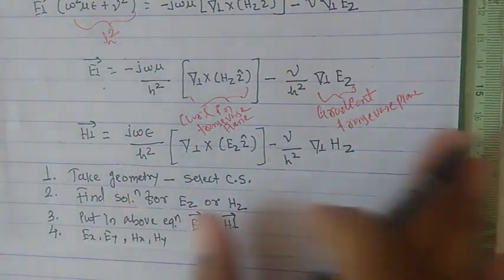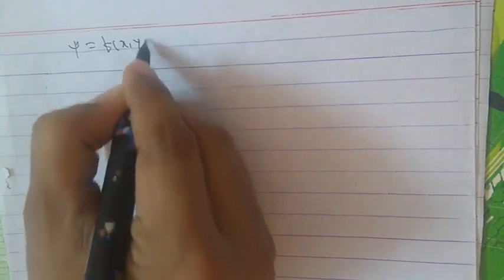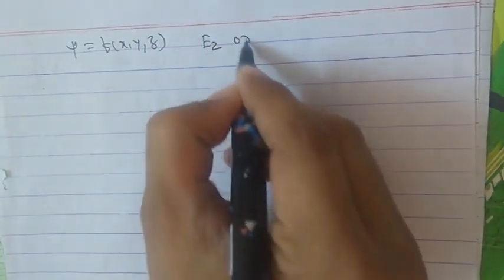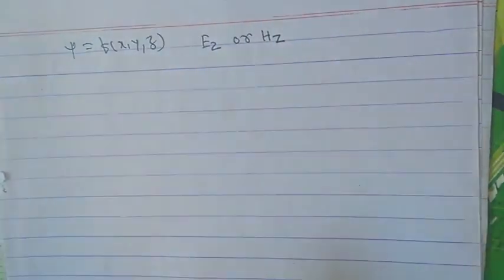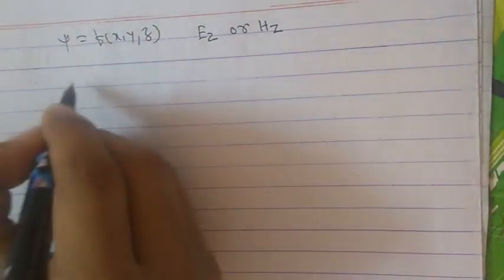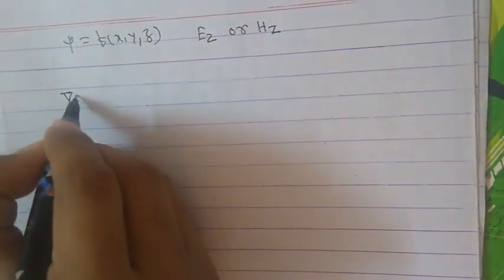So let us consider some general quantity psi, which is a function of x, y, and z. In our case, this psi can be Ez or Hz. So to get the general solution, we have assumed something psi, which may be your Ez or Hz.